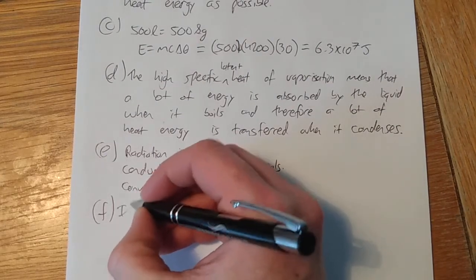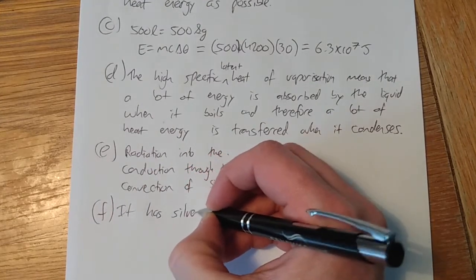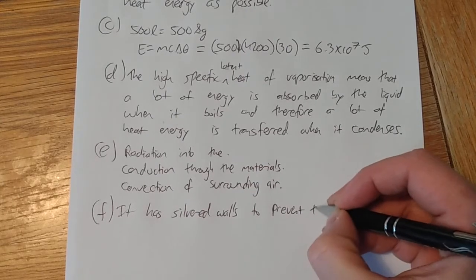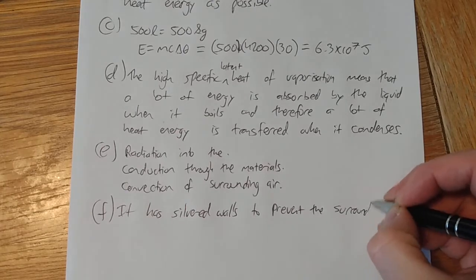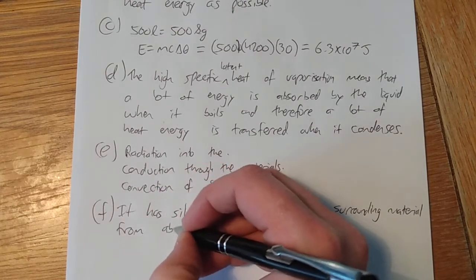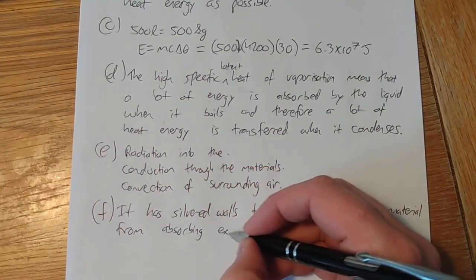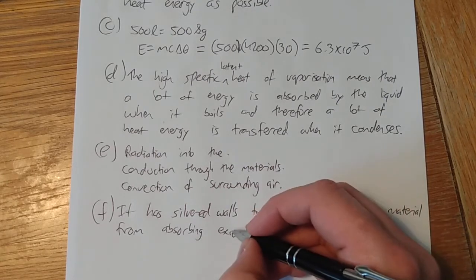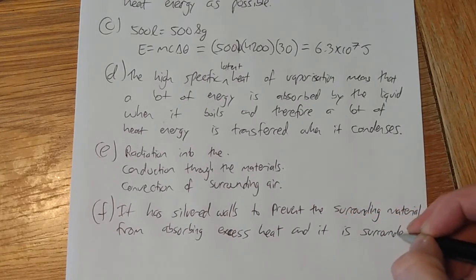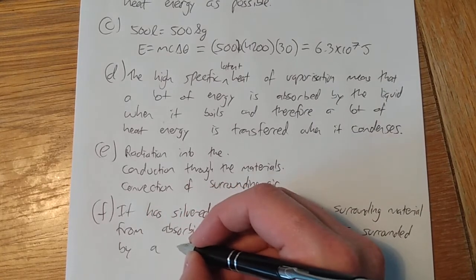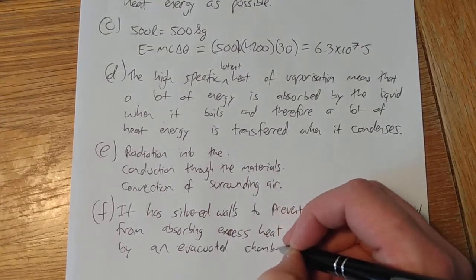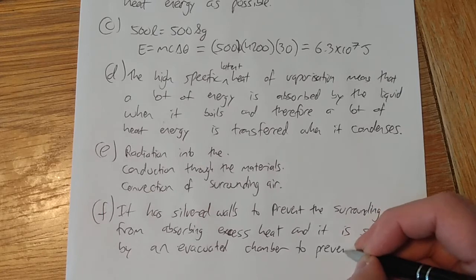Okay, so it has silvered walls to prevent the surrounding material from absorbing excess heat, and it is surrounded by an evacuated chamber to prevent conduction, or to reduce.